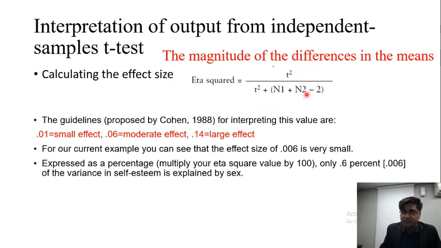With the help of this formula we have calculated the value of eta squared, which is 0.006, and this is the scale given by Cohen 1988. If we put this value on this scale, we can see that the magnitude of the difference is very low. It's 0.006, basically 0.6%, which is very small, and that's why it's not statistically significant.